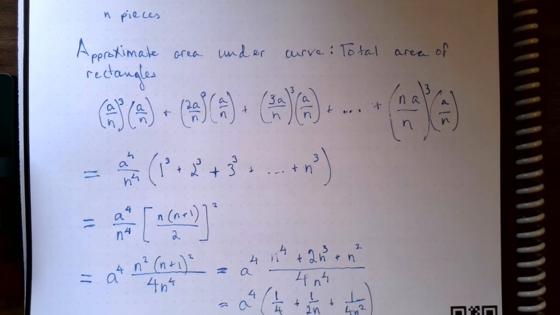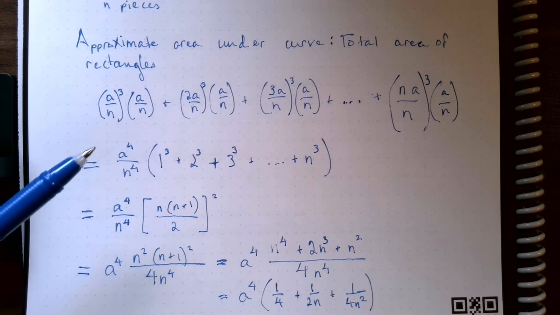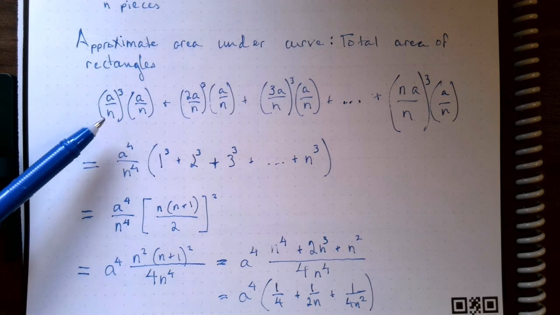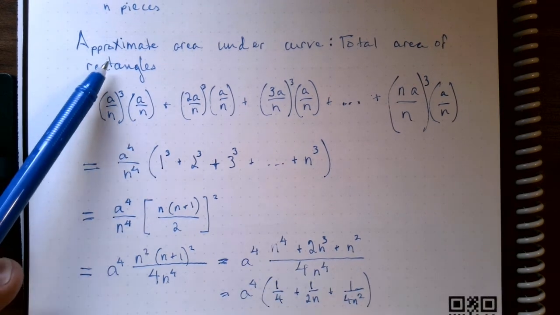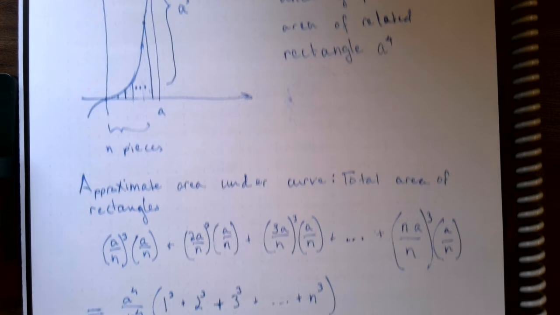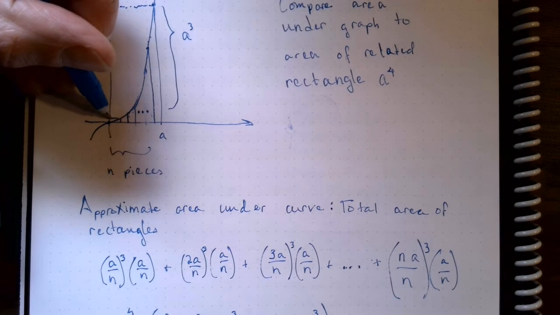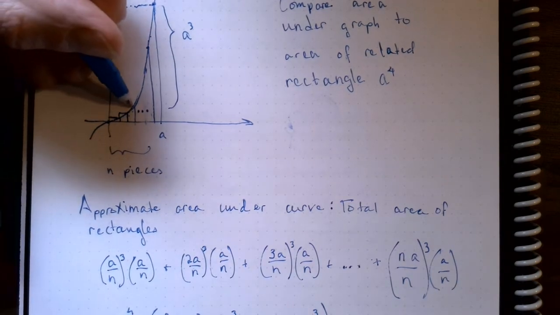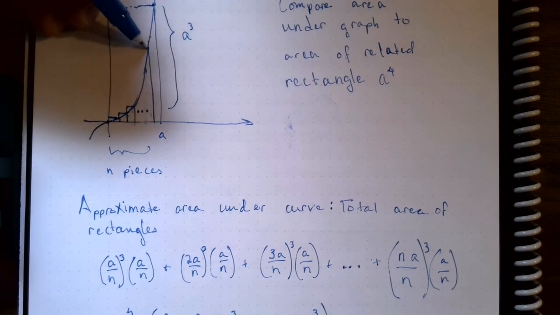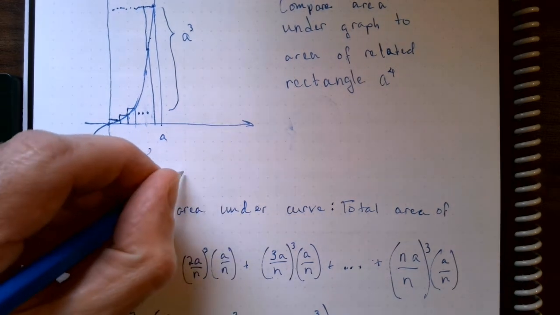So, following the procedure that we outlined in the previous video, we would take an approximation by looking at the total area of various rectangles. Let me scoot this up here a little bit. Okay, so we are taking the interval from 0 to a, breaking it up into n pieces.